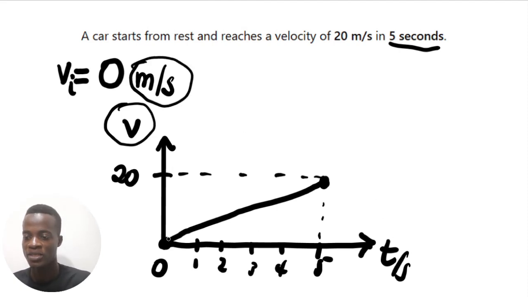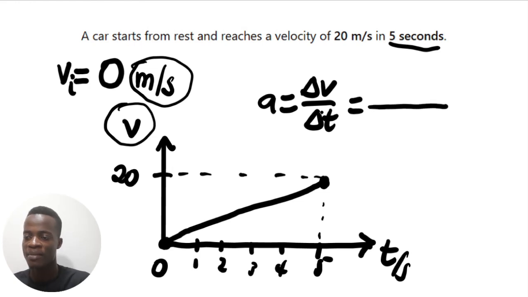Here we see that our graph is going from down up, so that will be an acceleration. But how do we evaluate that? a equals change in velocity over change in time. Change in velocity is the final minus initial. The final velocity that we get to at this point is 20, so 20 minus the initial.